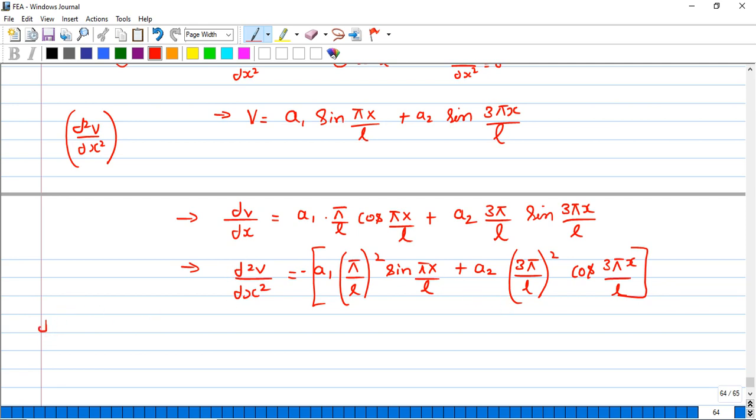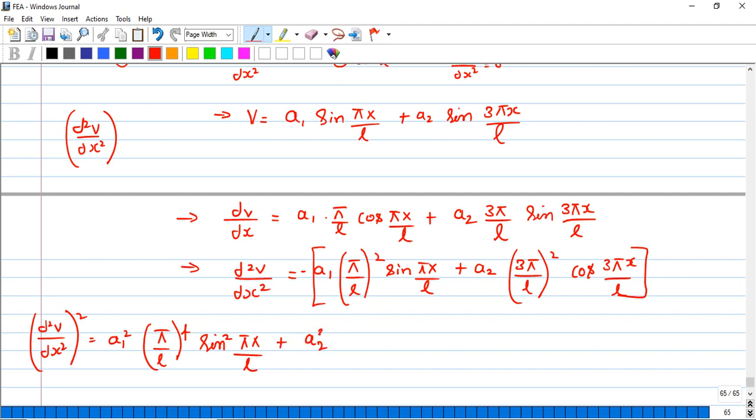When I do that, (∂²v/∂x²) whole square, the equation I will represent as a1 square, so this will be (π/L) to the power of 4 sin²(πx/L). This will be the first term, followed by the second term, a2 square, this (3π/L) raised to 4 into cos²(3πx/L).